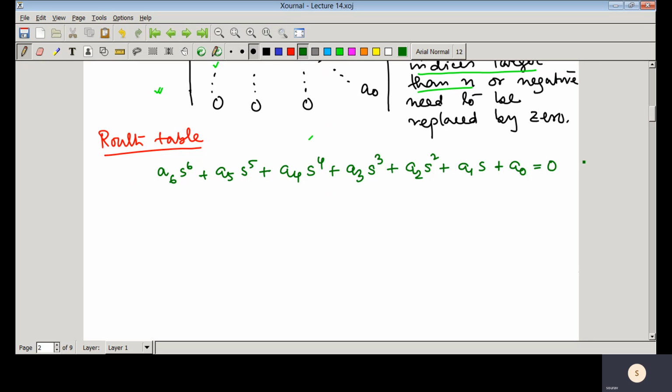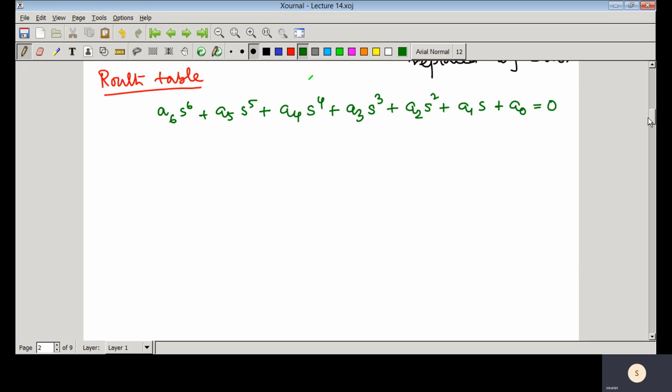Suppose we have one characteristic equation like that. Then Routh proposed one method by which we will be able to find whether all the roots are in the left half of the S-plane or not. So the method is as follows.